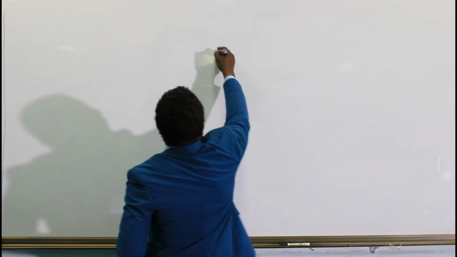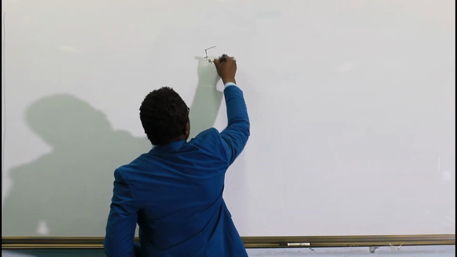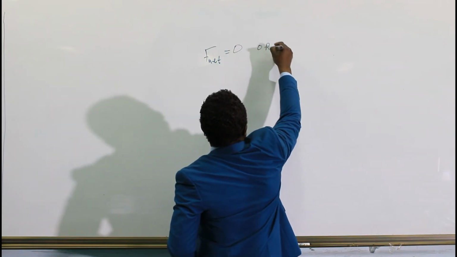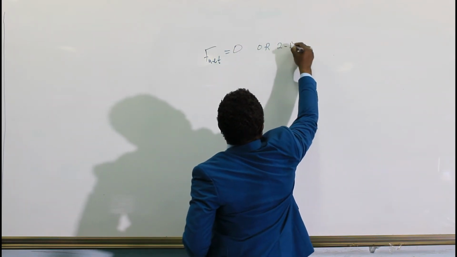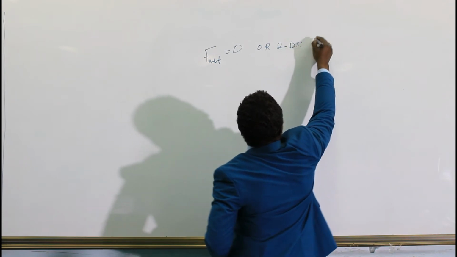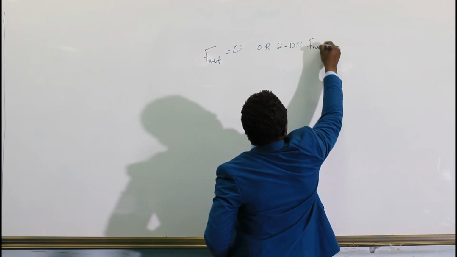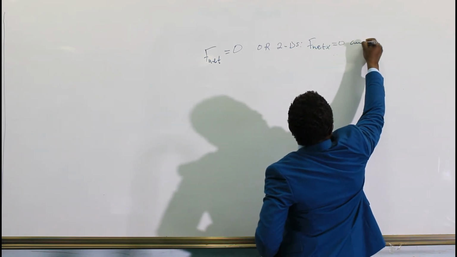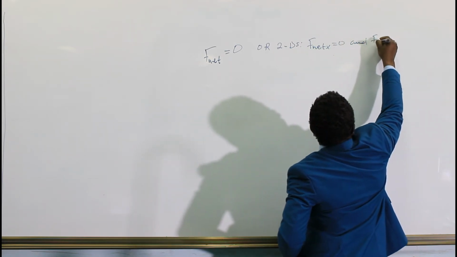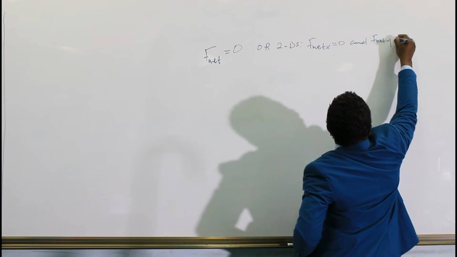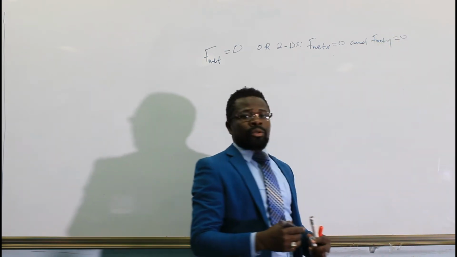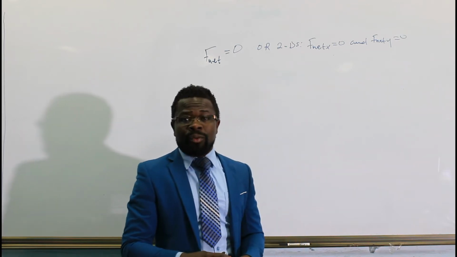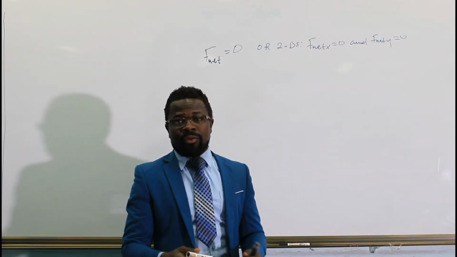First, Fnet is equal to 0, or if it is two-dimensional, then we are going to see that the Fnet in the x direction is going to be 0, and the Fnet in the y direction is also equal to 0. And when we have such a situation, then we say that we are at a translational equilibrium.